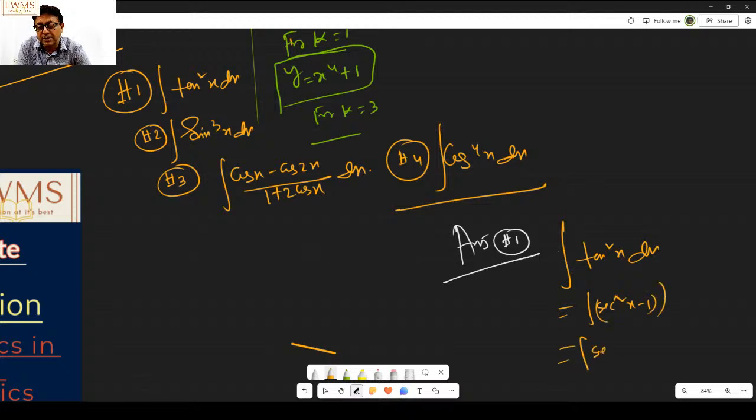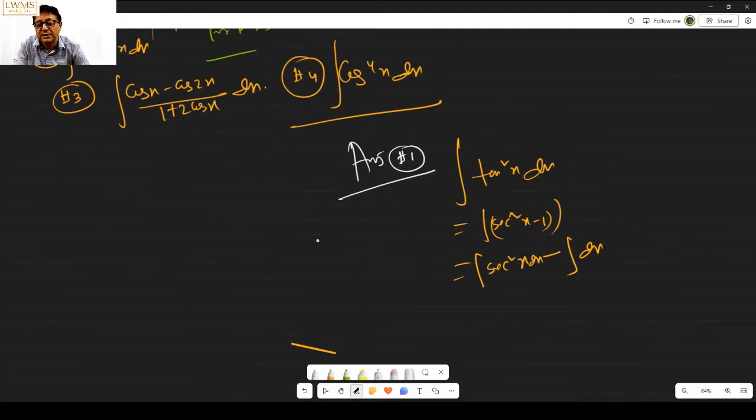Now separate, that is dx. So what is the integration of sec square x? That will be tan x minus x, but with one integration constant. Never give 2 or 3, just one. Add them and you get one integration constant.